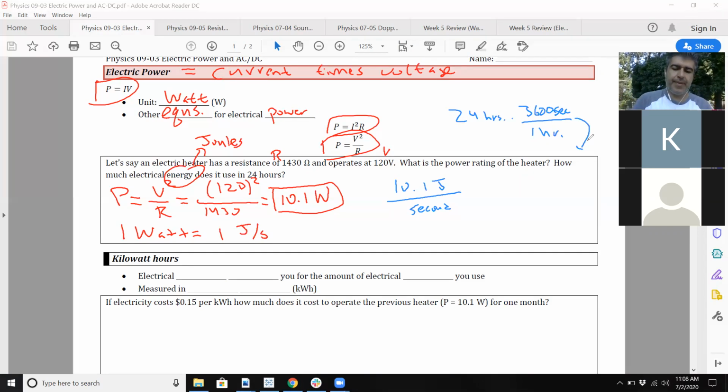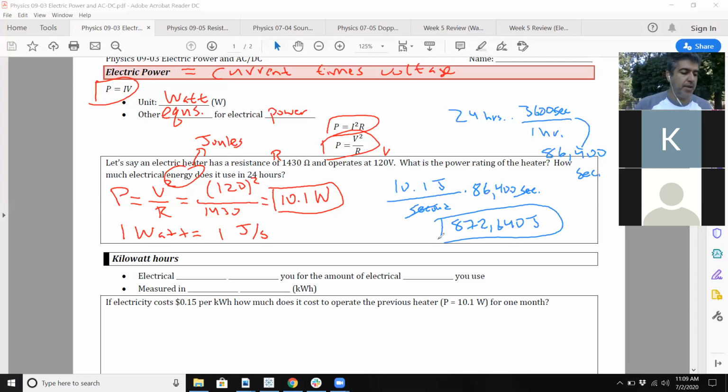Use a calculator. 3600 times 24. Those cancel. So you have this. So it's a lot of joules you're using. So anyway, that's that one.